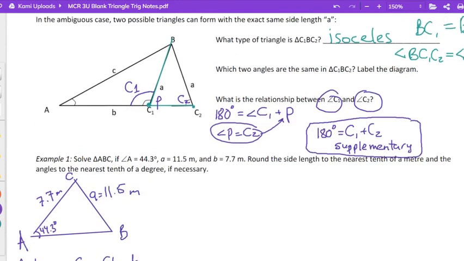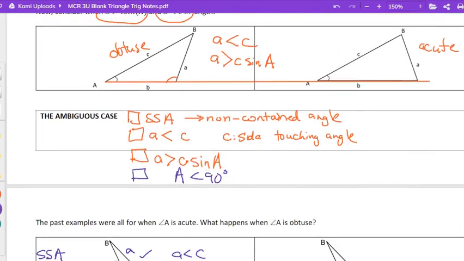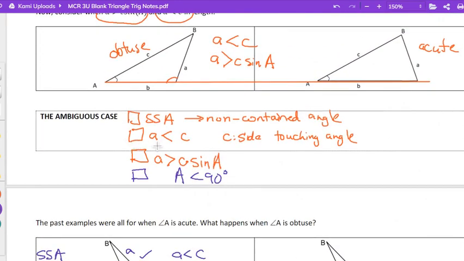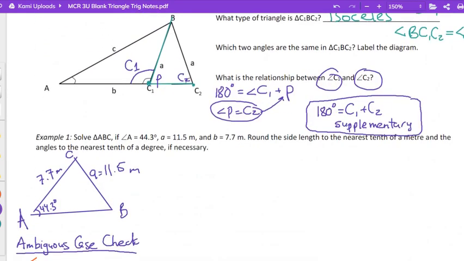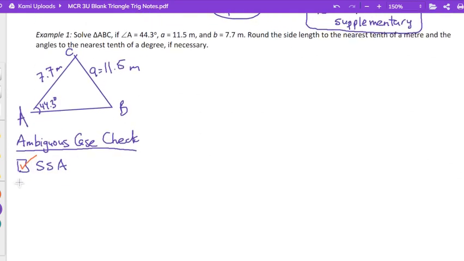The second criteria we have, if we look back at our list, is that A has to be less than C. A has to be less than C. Is that satisfied? No. What does that mean? Do we have the ambiguous case? Thank goodness we don't.